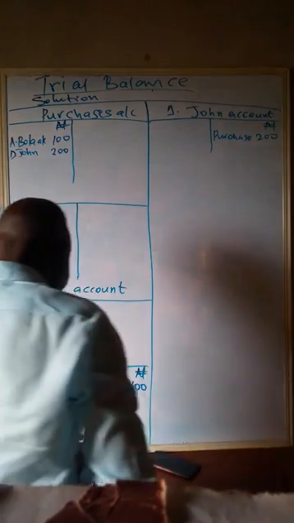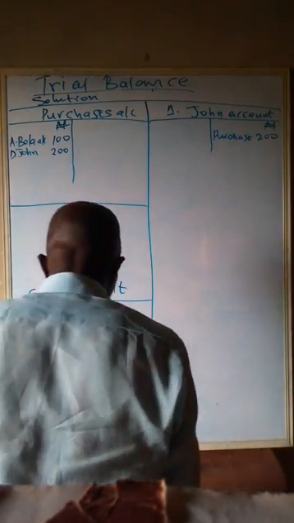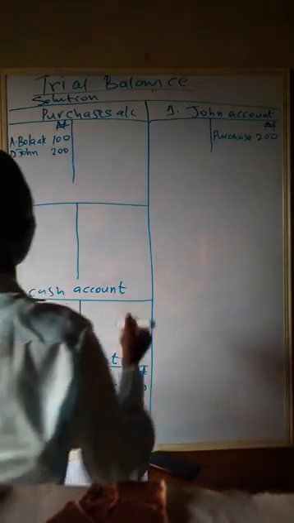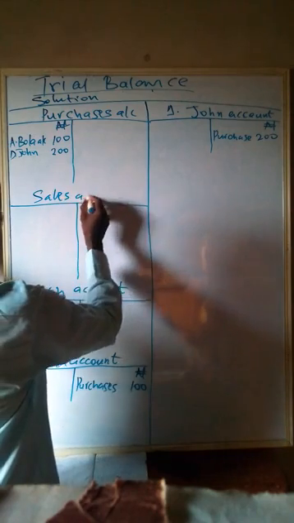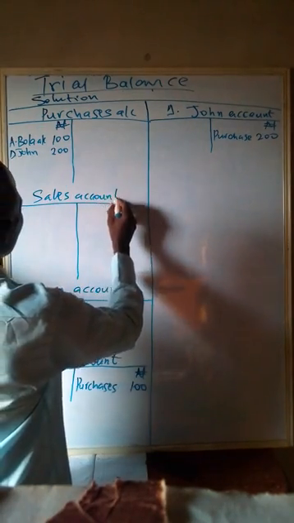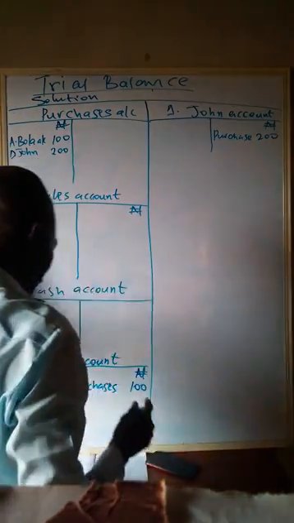Then I go to sold goods on credit, that is sales. Sales account.